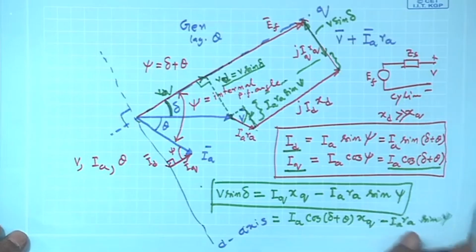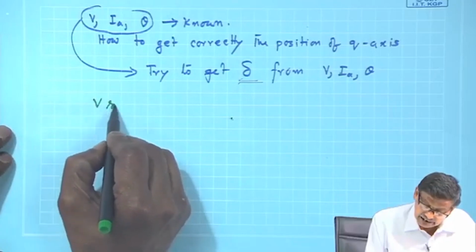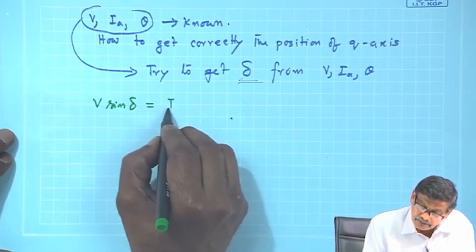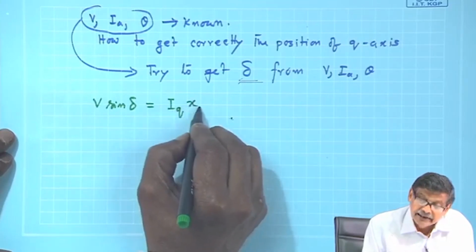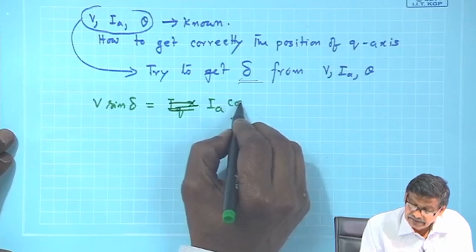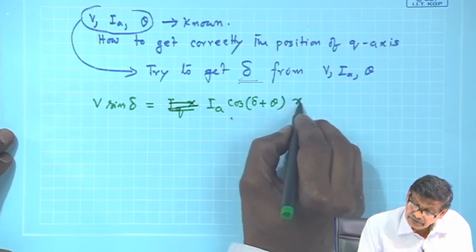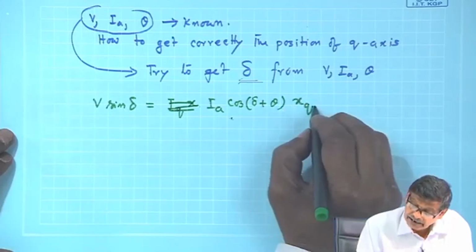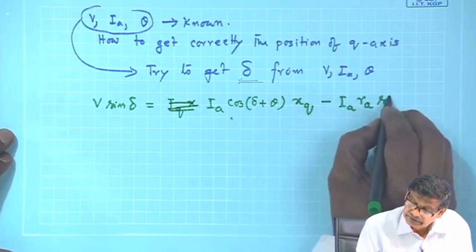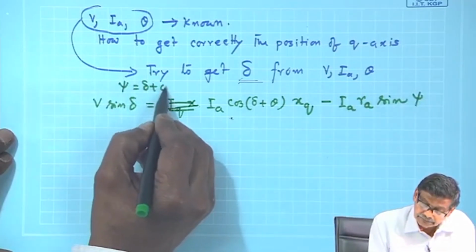We come to a fresh page and I rewrite V sin delta is equal to Ia cosine(delta plus theta) into xq minus Ia Ra into sin psi, and we know that psi is equal to delta plus theta.